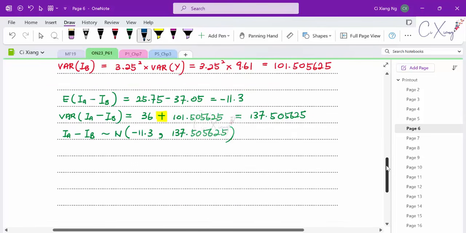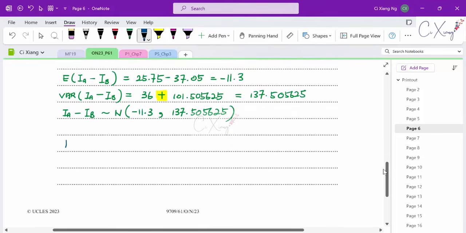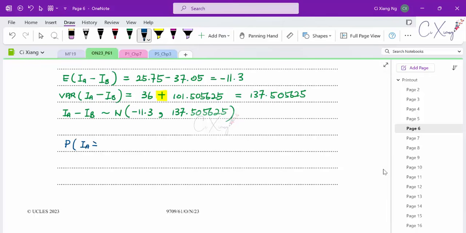Okay, after I get all the values that I want, I can start the calculation for the probability. They want us to find IA greater than IB, like what I told you just now. But we cannot find out the probability when having both sides with variable. So I have to group all the variable to one side, become IA minus IB greater than 0.